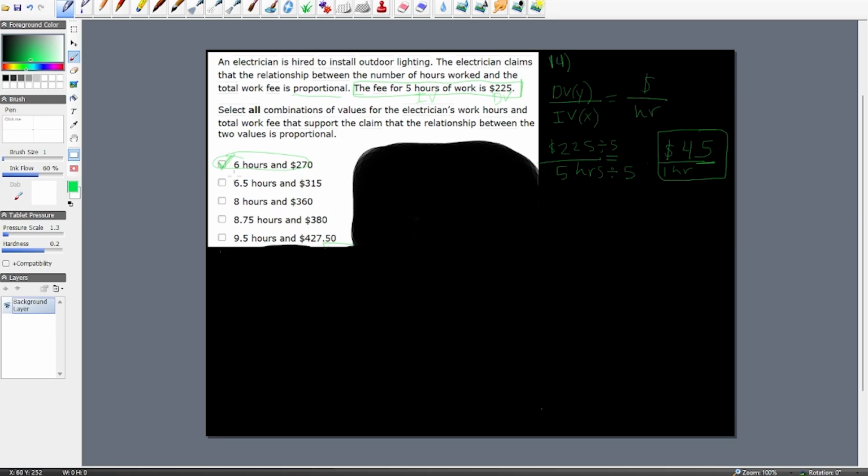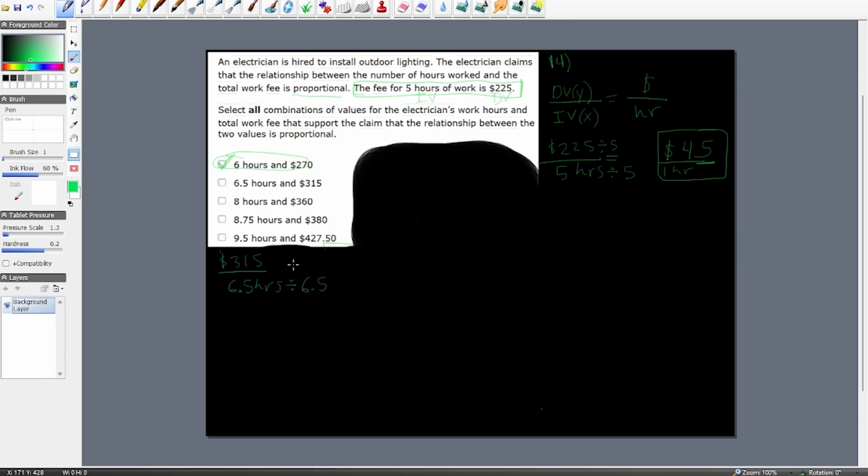Okay, now we're going to move on to find the unit rate for this pair. It's $315 per 6.5 hours, and we're going to scale this down to be in terms of 1 hour.